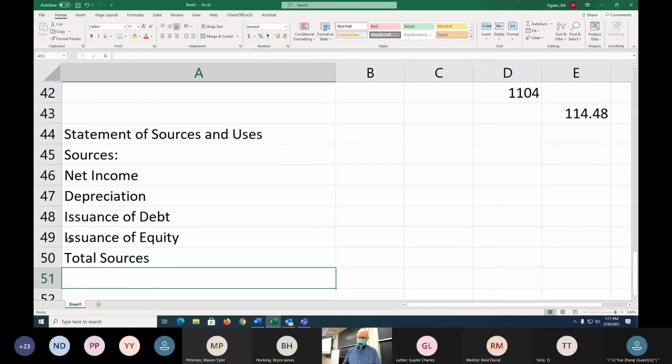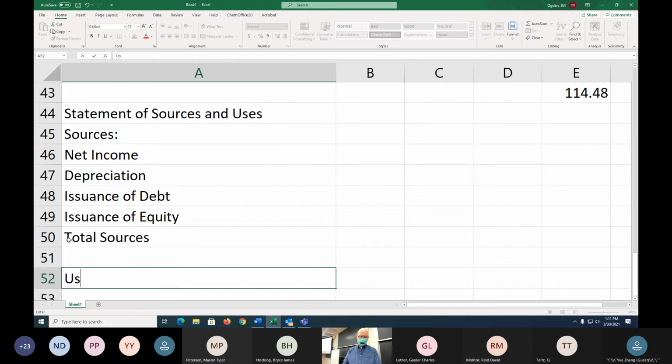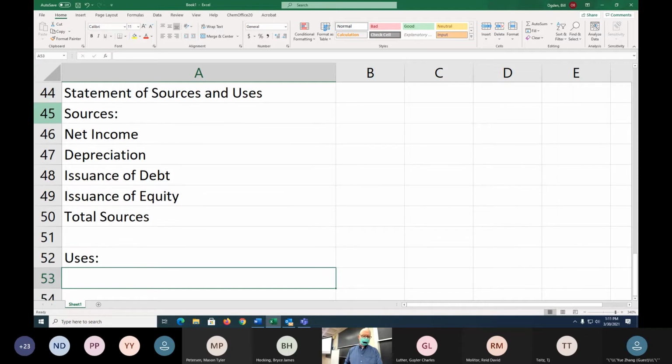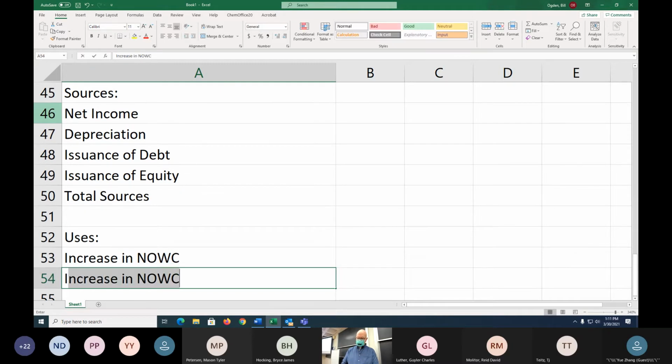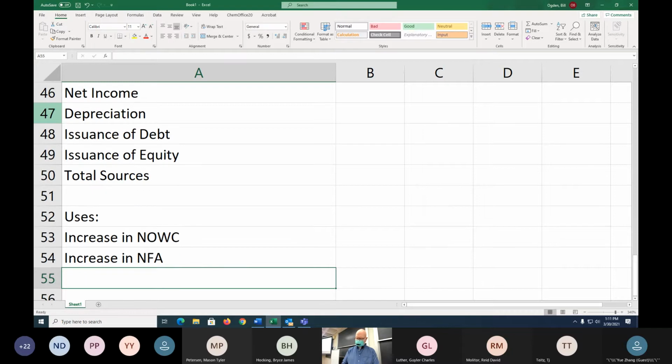Okay, then we'll do our uses. Oops, what did I do? Oh, okay. Our uses will be increase in net operating working capital, increase in net fixed assets, and our dividend.